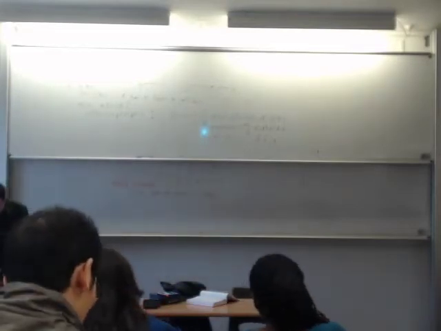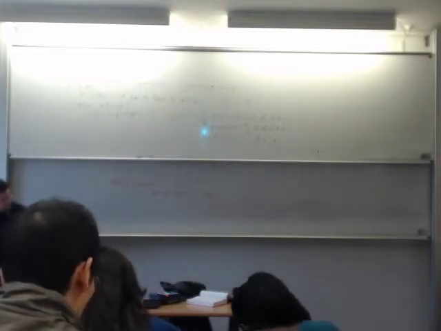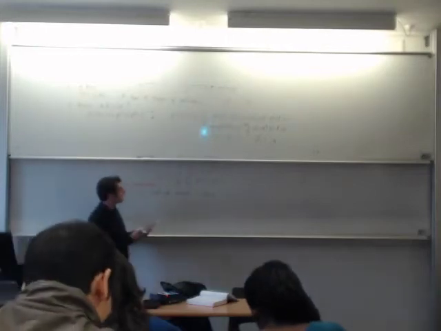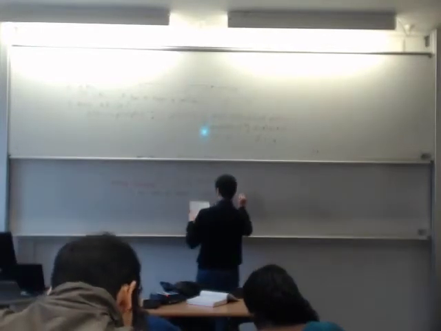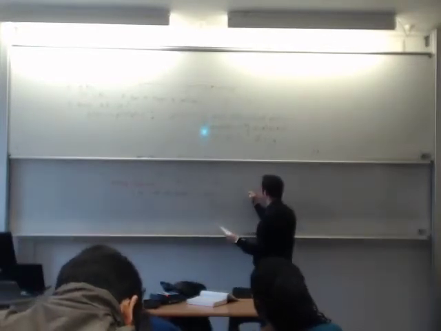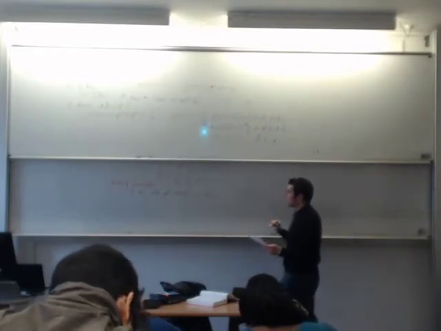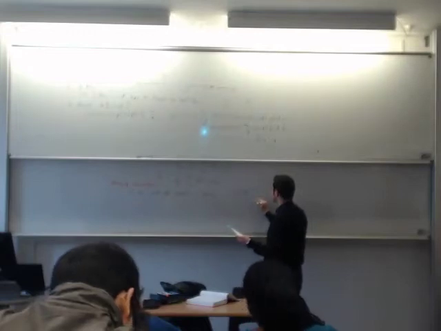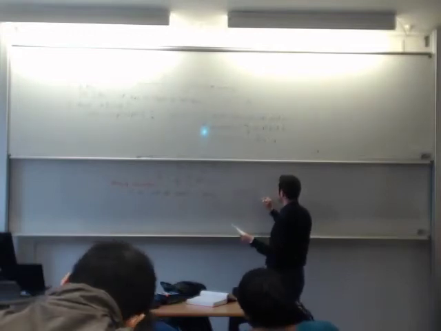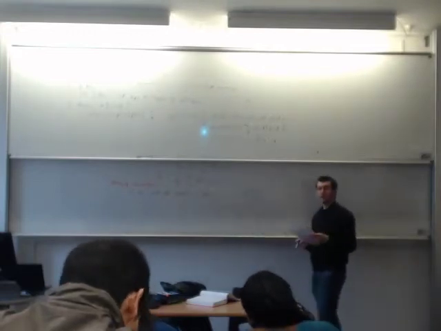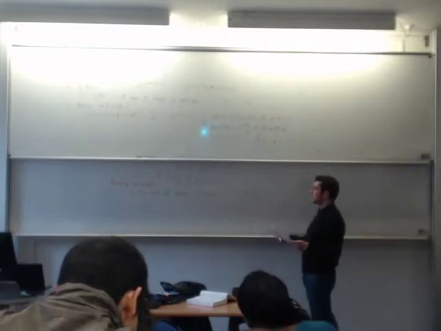Okay, so then let's rewrite this thing as some sum over all of the things which aren't xE. So let's call this x-less-E. So sum over all of the x's which aren't xE.